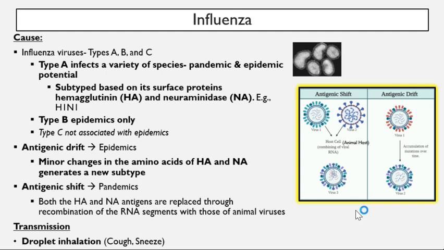A lot of times it even happens with bird flu, which you've heard of. These antigenic shifts and drifts can happen in birds, to where they can become pathogenic to humans after they do this antigenic shift.